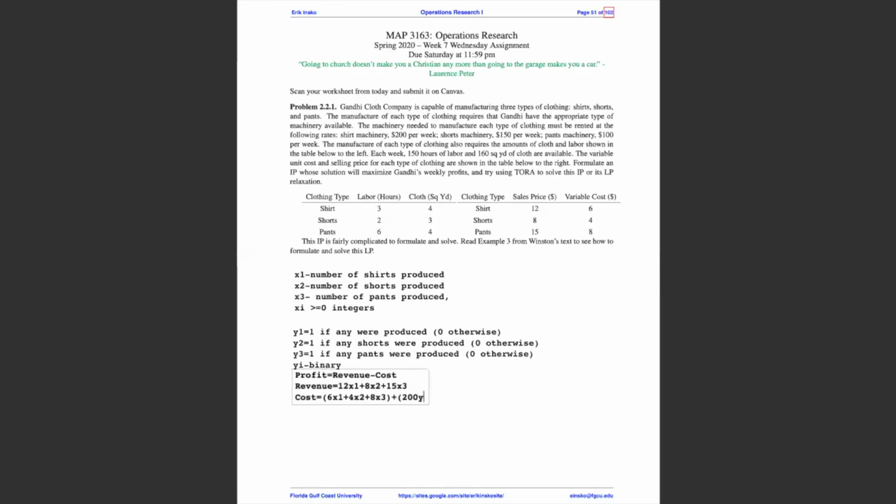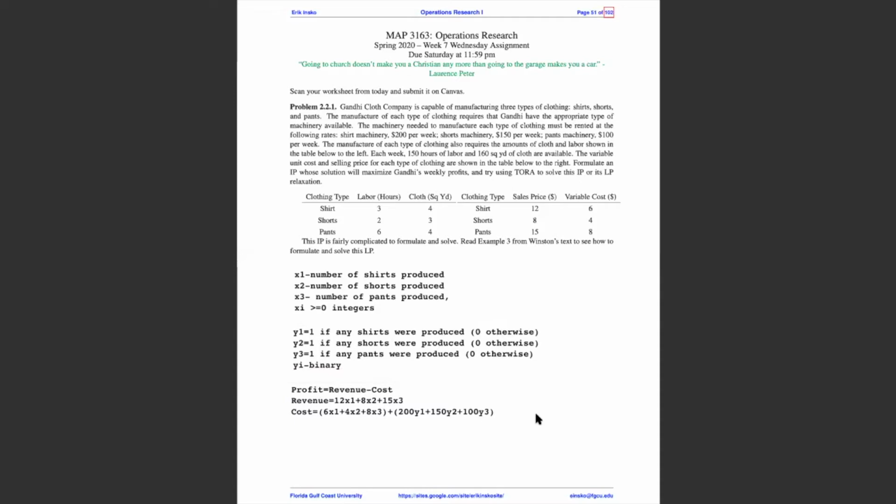So that would be 200 y1 plus 150 for the shorts, and then another 100 if we decide to produce pants. Okay, so we found out our profit function.